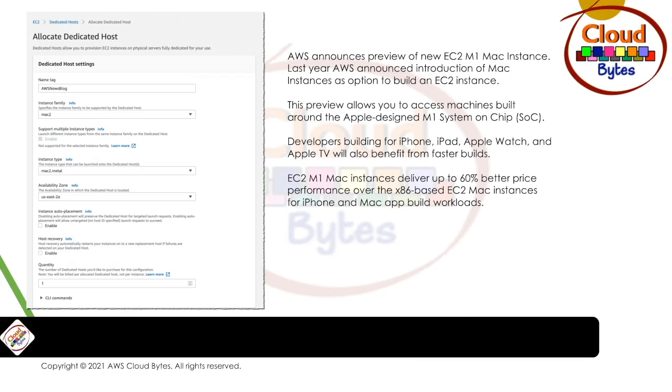The first news is coming from Amazon EC2 M1 Mac instances. AWS has announced a preview of the new EC2 M1 Mac instance. Last year, they started introducing Mac instances as an option to build an EC2 instance. You can look at the instance family here, which is Mac 2, and then you have different instance types.